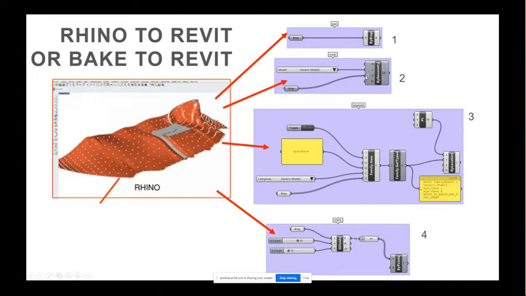Okay, the next level of complexity to get information in is step 3 here, which is you have the ability to take Rhino geometry and place it inside of a family template and then load the family template into Revit.